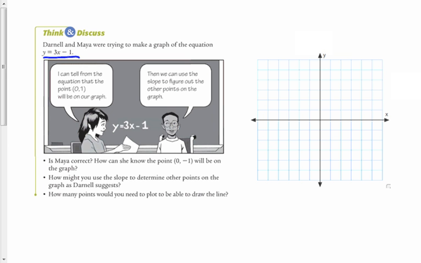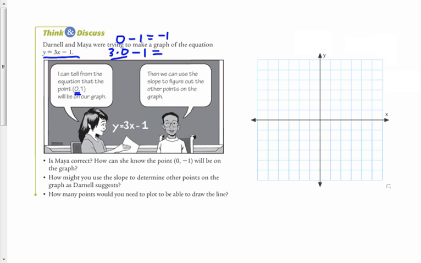The point 0, -1, well, if x is 0, and you do 3 times 0 minus 1, well, what's 3 times 0? That's 0, and 0 minus 1 is equal to -1. So if she knows the values 0 and -1 are solutions to that equation, then she knows that will be a point on the graph.